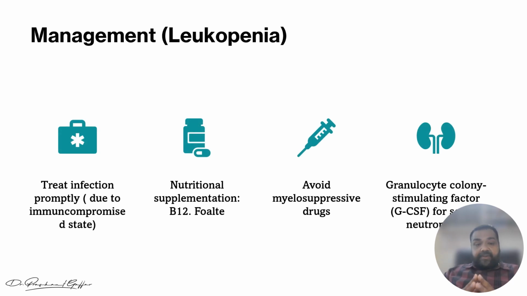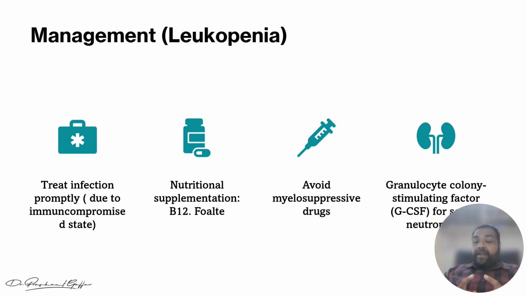Right, now let's see the management of the leukopenia. So first, treat the infection promptly, because in this condition, the patient is in an immunocompromised state. His immunity is very low. So we have to treat the infection cautiously and promptly. If deficiency, we can give B12 or folate supplements.